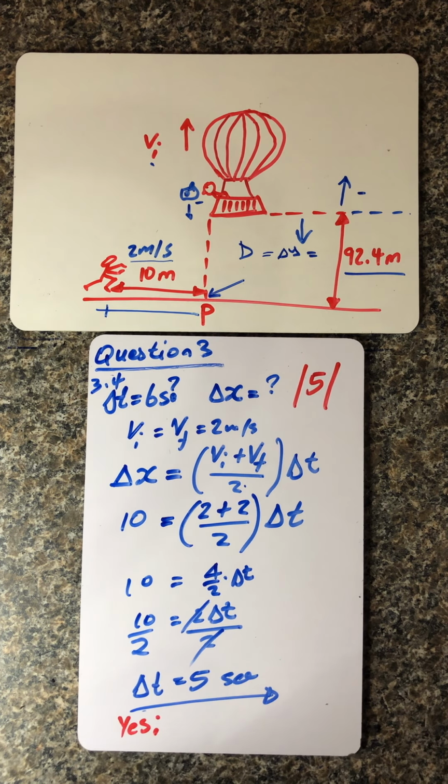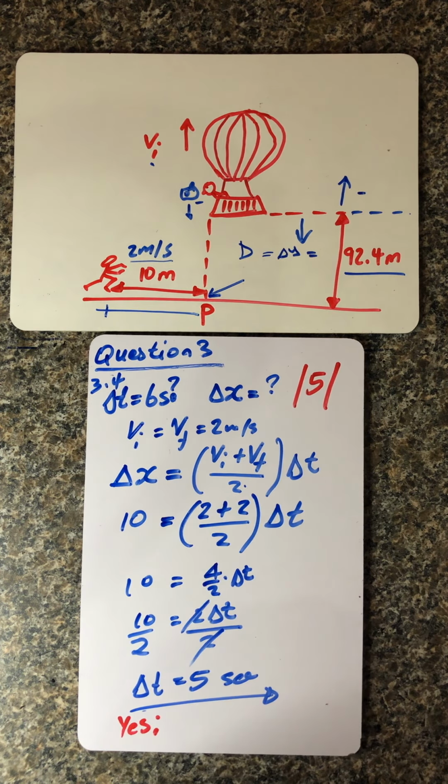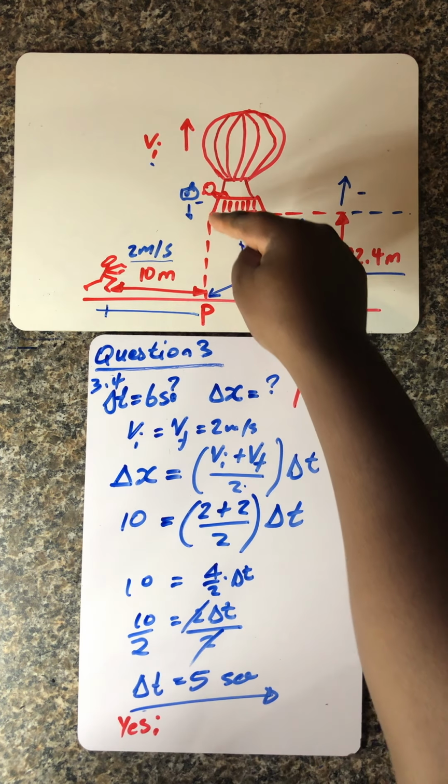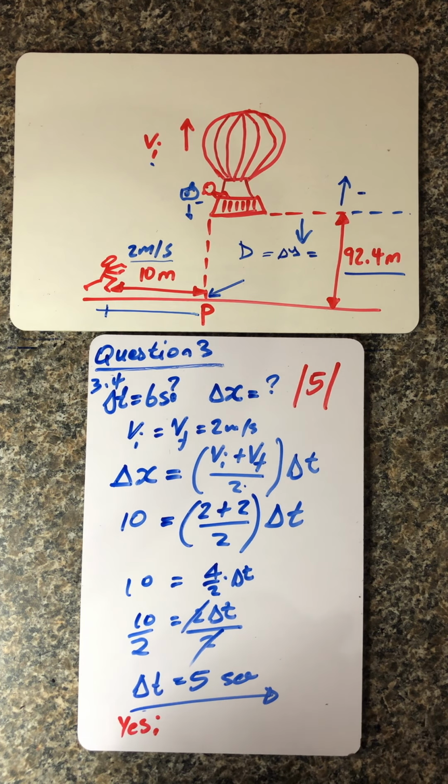I won't write it down because I know you'll always give the answer in a similar way. Ladies and gentlemen, you can answer it in different ways. Yes, he will catch the camera because he will get to point P before that object hits the ground, because it takes 6 seconds for it to hit the ground, and he will be there in 5 seconds.